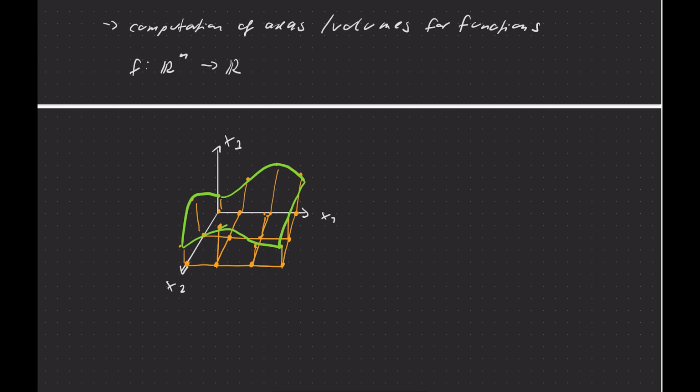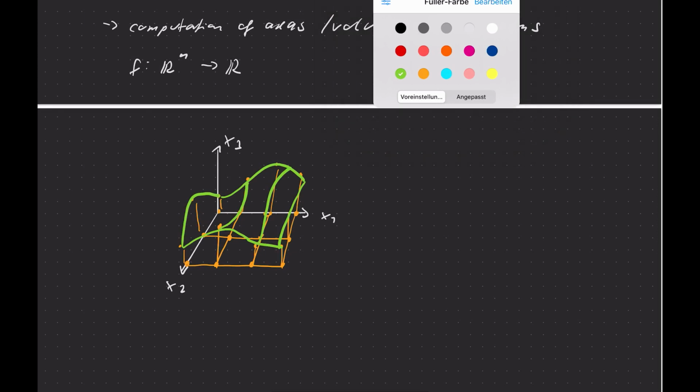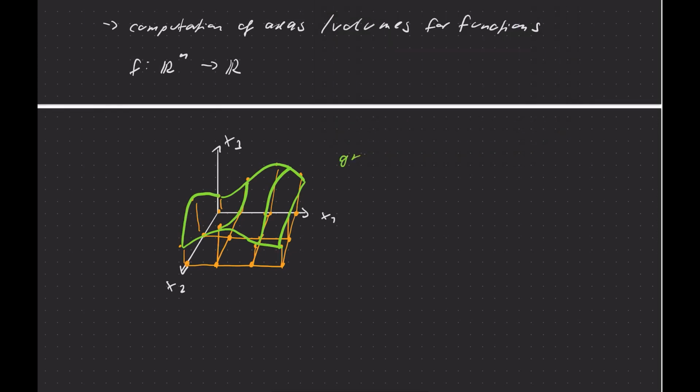Yeah, so maybe like that. And let's say here we have something like this. So that might be the graph of a function f here. That's the graph of f. And then of course one can ask, what is the volume between that graph of f and the x1, x2 plane, for example?